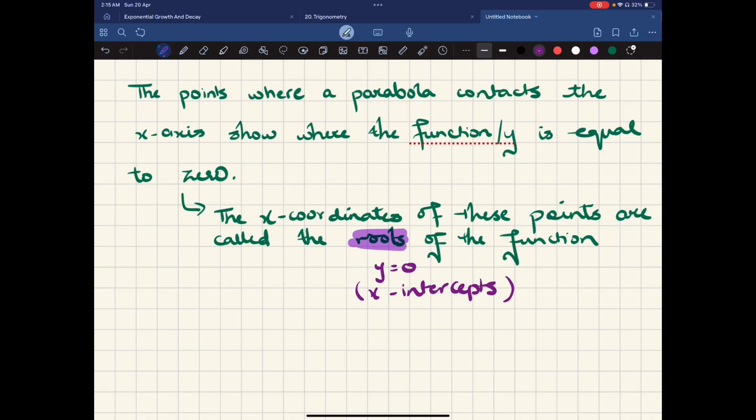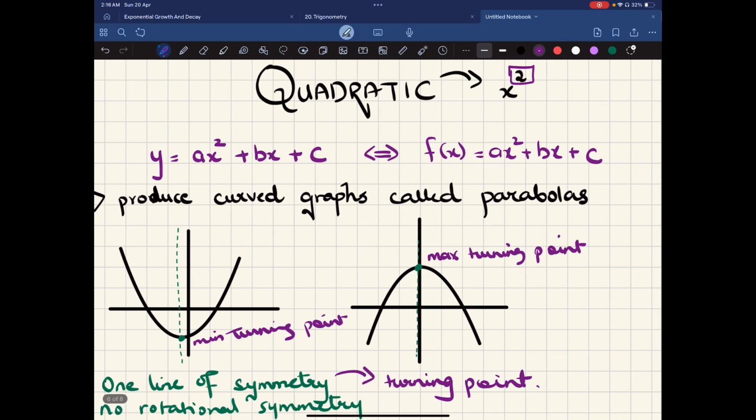Okay, now one last thing before we try and sketch the graph of a quadratic function. You need to keep in mind that the graph will be U-shaped when the coefficient of x squared is positive. Okay, so what is the coefficient of x squared?